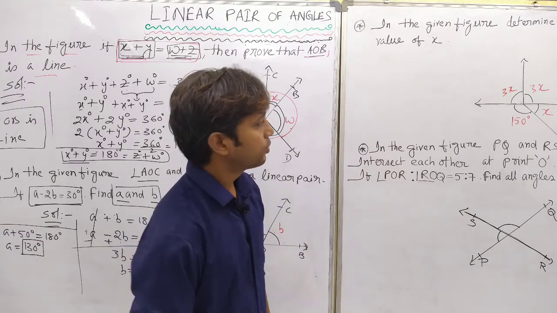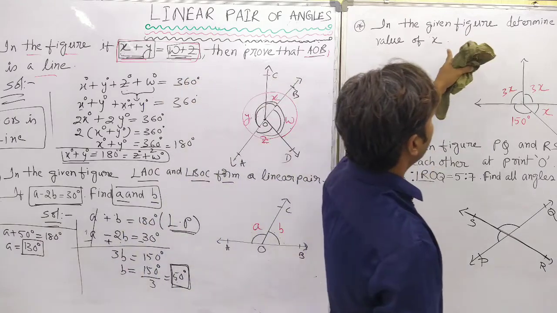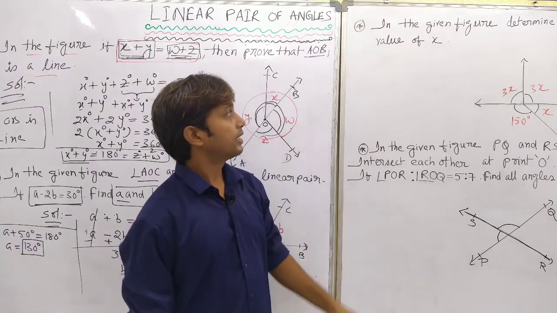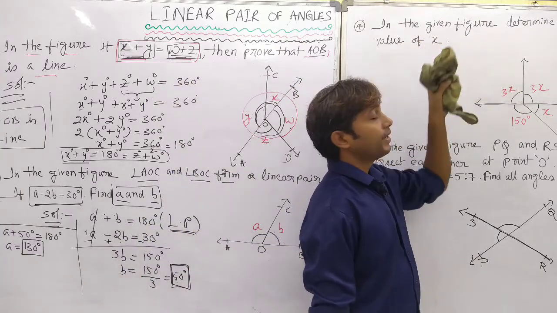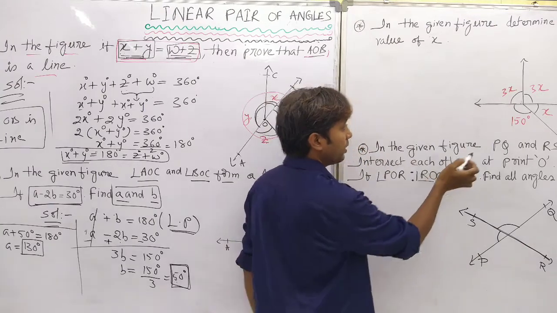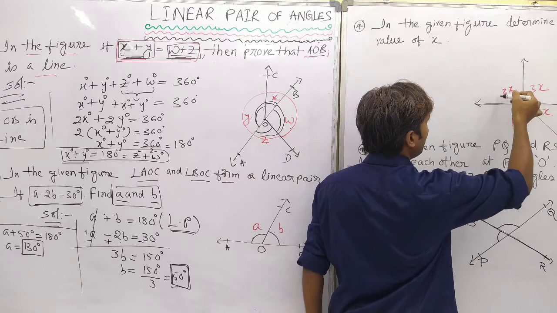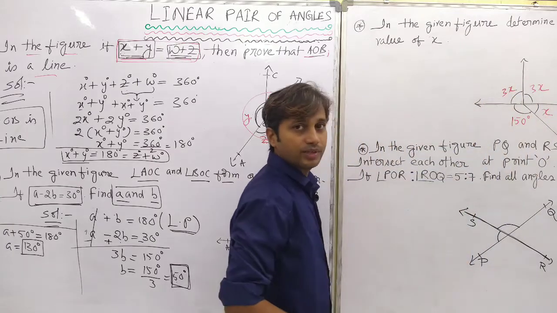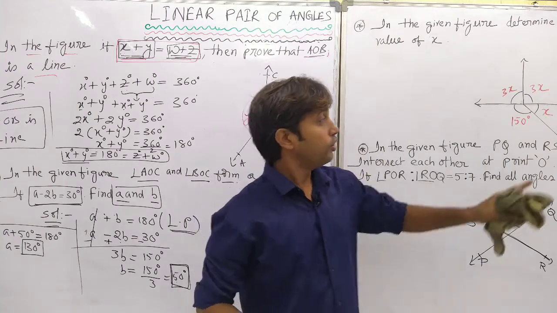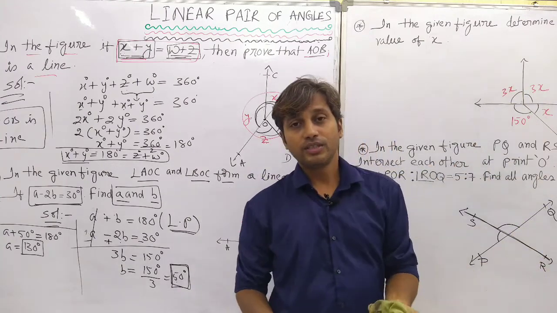I think you understood. So just see, in the given figure, determine the value of x. Simply it is asked to you. So as I said before, this complete angle, this total angle will be 360 degrees. So adding all those angles, the value will be equal to 360 degrees.